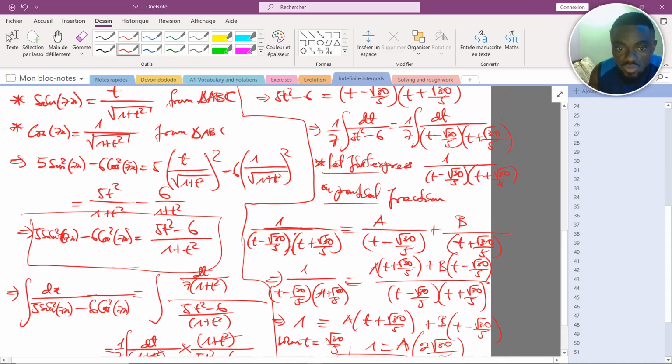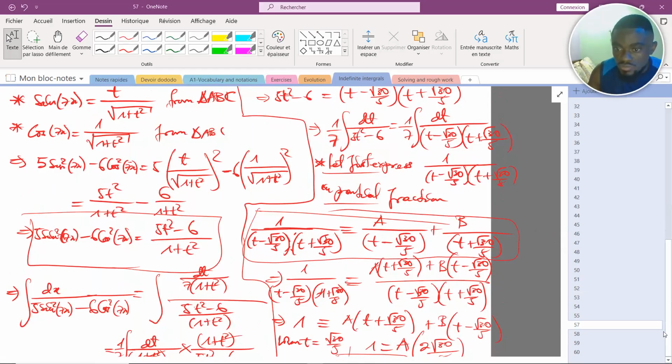We have to come and substitute it where? Inside here. So this in partial fraction, let me go to the next page.